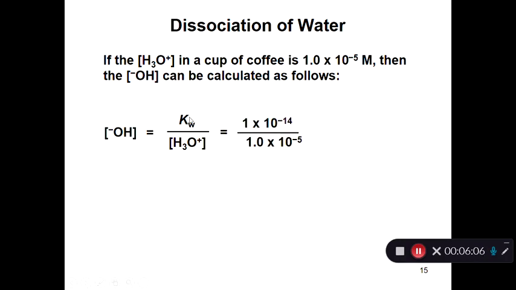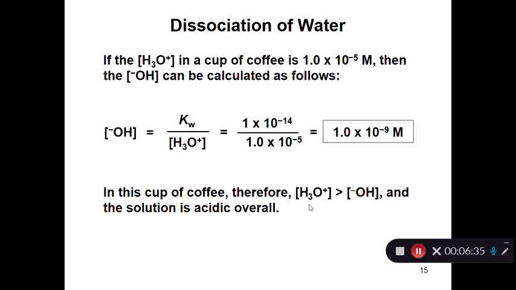The concentration of hydronium is the given number, and this one is a constant. If I calculate that, I end up with 1 times 10 to negative 9 molar. So as you see, we are able to calculate the concentration of hydronium or hydroxide to get the answers.